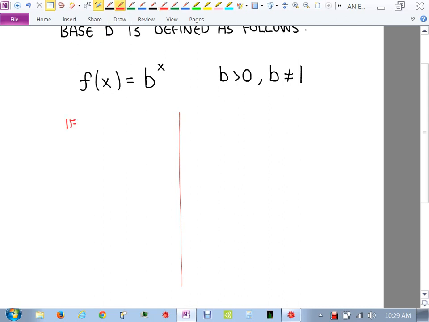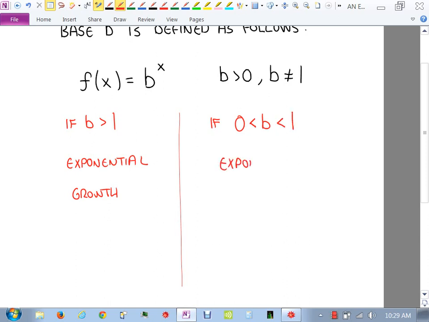If b is greater than 1, you will always have exponential growth. If b is bigger than 0 and less than 1, then you have exponential decay.